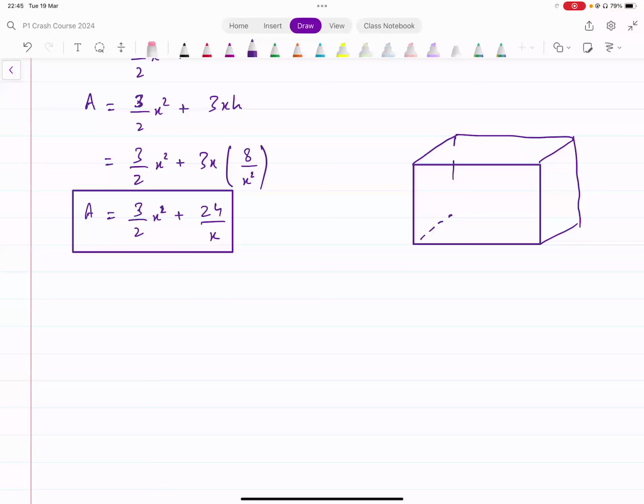If it was like this, a cuboid with 6 faces in total, you would have one face on the left, one on the right, one at the bottom, one on top, one in front, and one at the back. You'll have 6 faces. You could do it something like this: 2 times length into breadth plus length into height plus breadth into height. That will be for that standard cuboid.